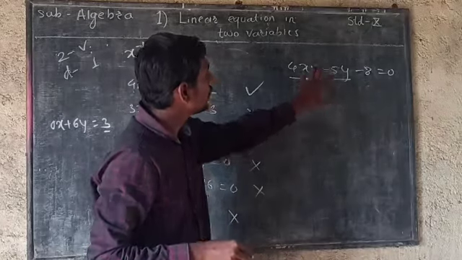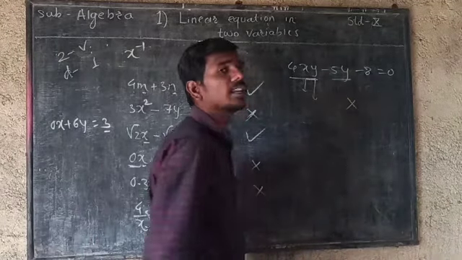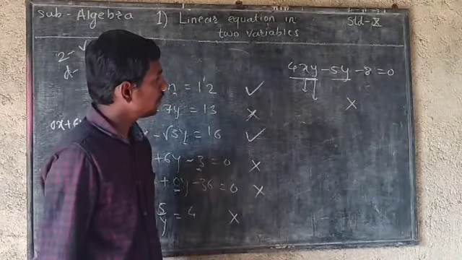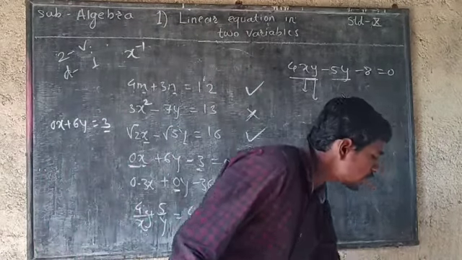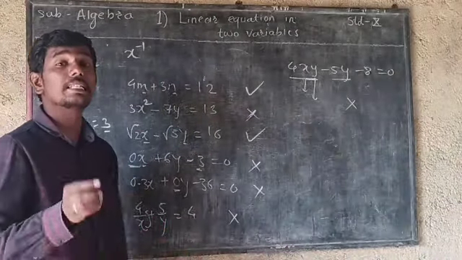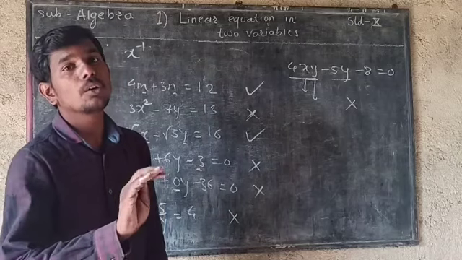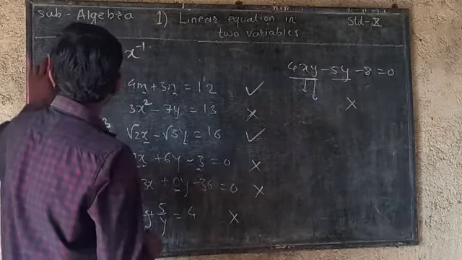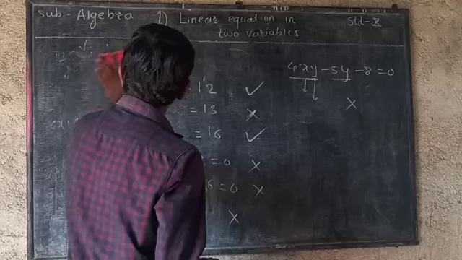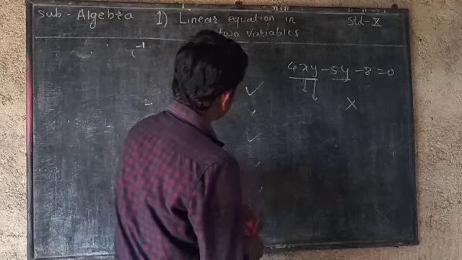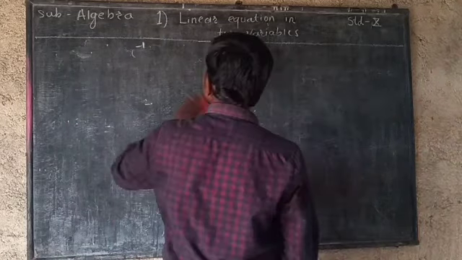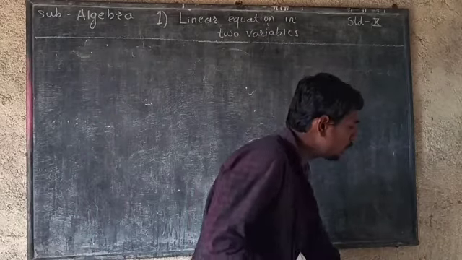It means what? It is also not a linear equation in two variables. Okay, so those are the things we have to understand, why it is a linear equation in two variables or why not.